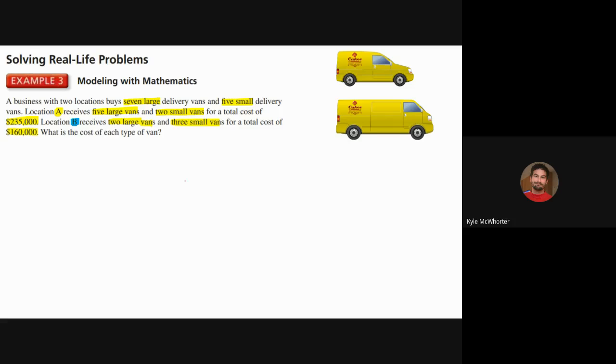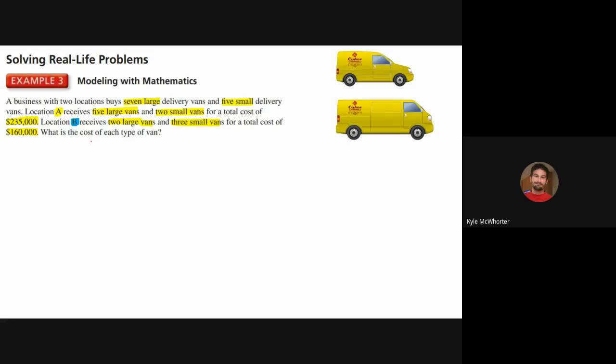So you always know what your variables are going to be by looking at the question. What is the cost of each type of van? You solve for your variables, right? So I'm going to pick a variable to be the cost of a large van. I don't like using L because it looks like a 1.